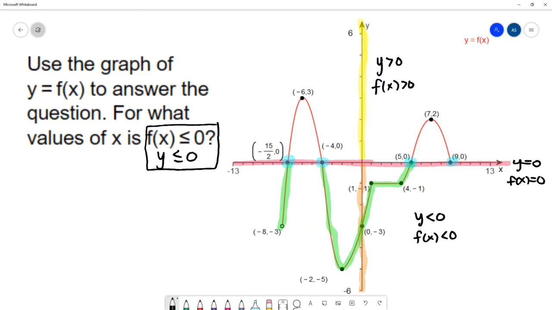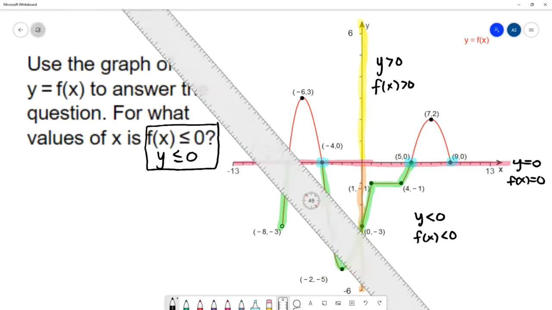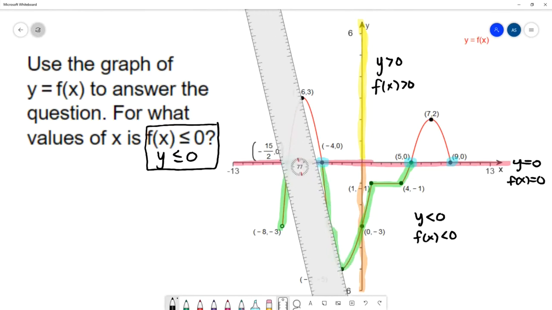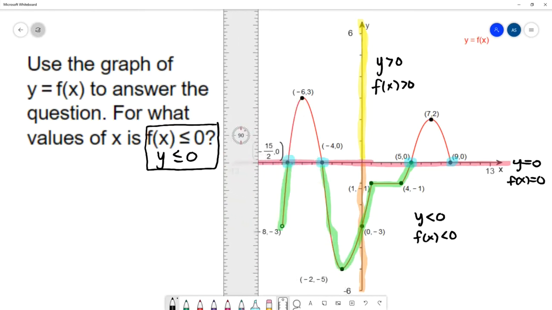And we're going to write our answer in interval notation. And remember, with that interval notation, you want to choose the low number and the high number, and everything in between is a part of the set. So let's see. Since we're going to write down x's, I'm going to hold my ruler vertically.